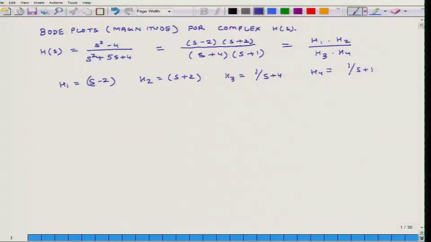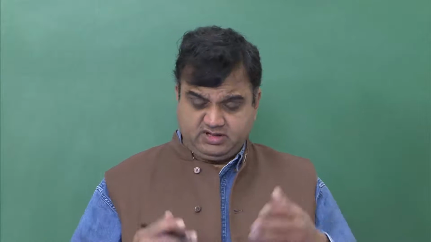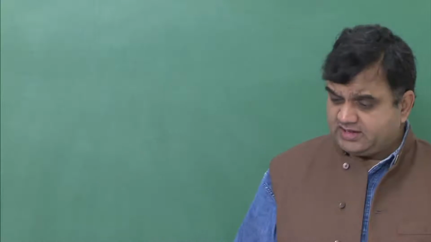The way we develop a Bode magnitude plot for this type of transfer function is that first we develop Bode magnitude plots for individual linear factors, and then we add them up.